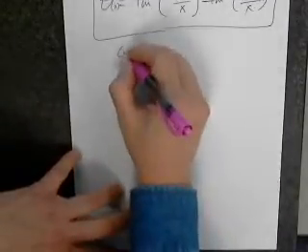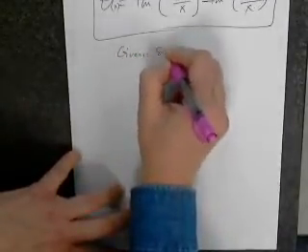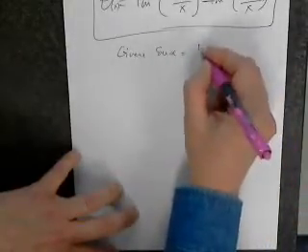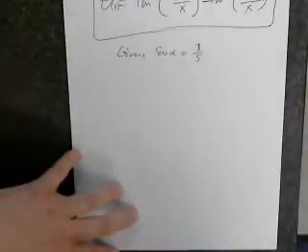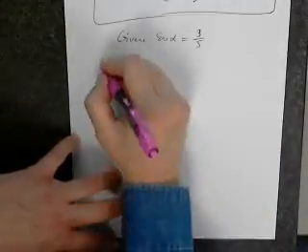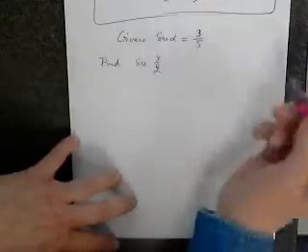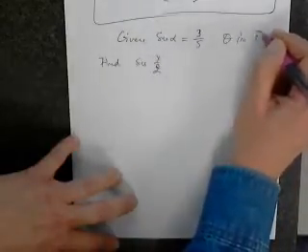For example, given sine alpha equals, well, I'm just going to make it up, 3/5. Find sine x over 2. And for theta in the second quadrant.